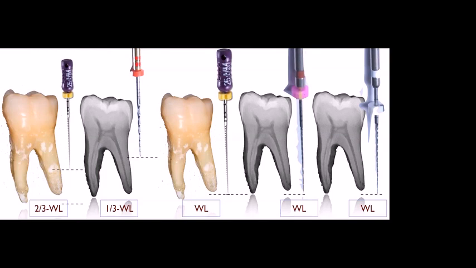You can choose either one. It depends on you. After enlarging the coronal third and eliminating the coronal interferences, I use the 8K file. Then I start with the winding movements up to the working length, up to the terminus of the root canal. When the file is at the terminus, we start with the push-pull movements.